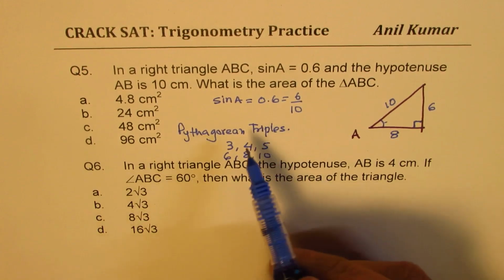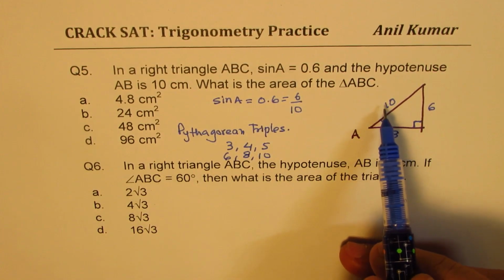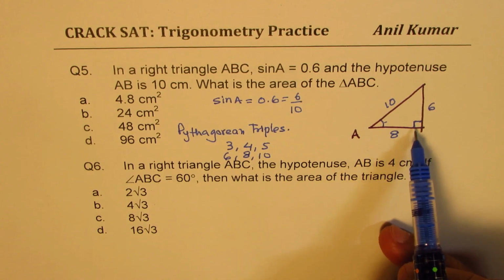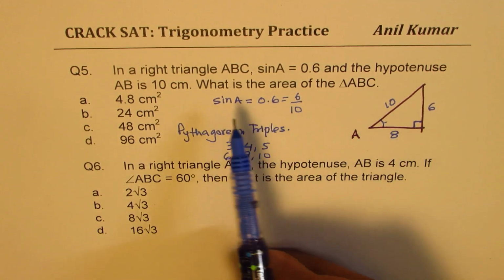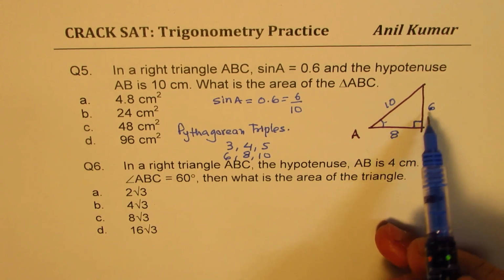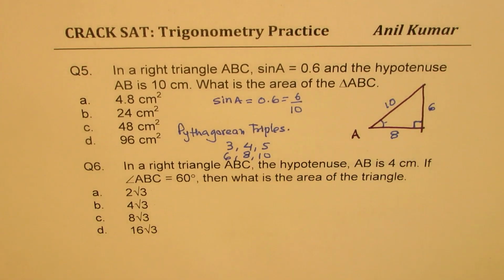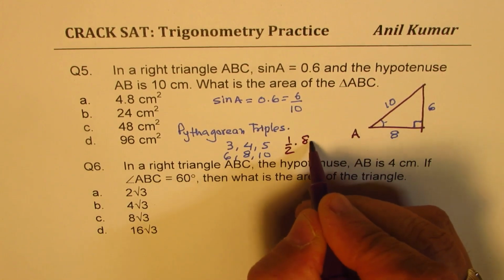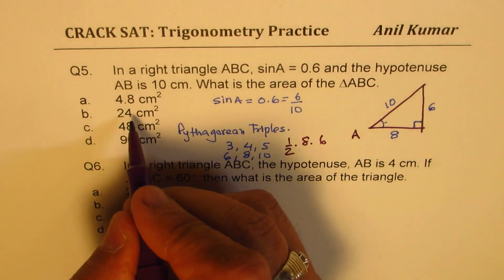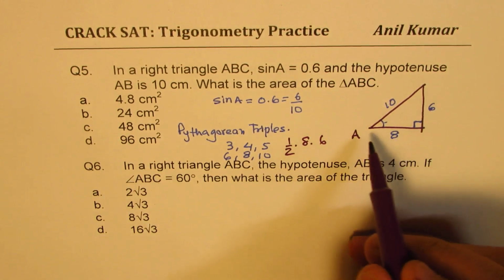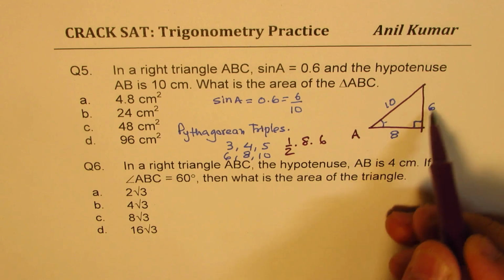Or without wasting much time, square root of 10 squared minus 6 squared, this is a better option. You get the idea, right? Now, what is the area of this triangle? Half base into height, correct? Half of 8 times 6, which is 48. Half of 48 is 24, correct? So base times height divided by 2.